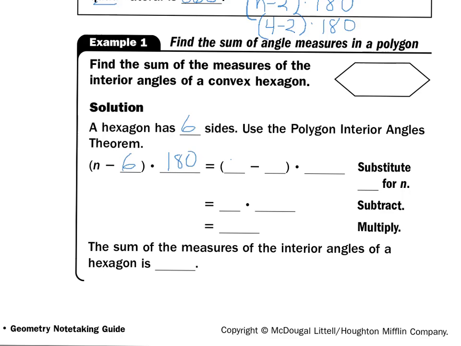Sorry, n is 6 here, another mistake. 6 minus 2 times 180, so that's 4 times 180, which is 720. So the sum of the interior angles of a hexagon is 720. Alright, next page.